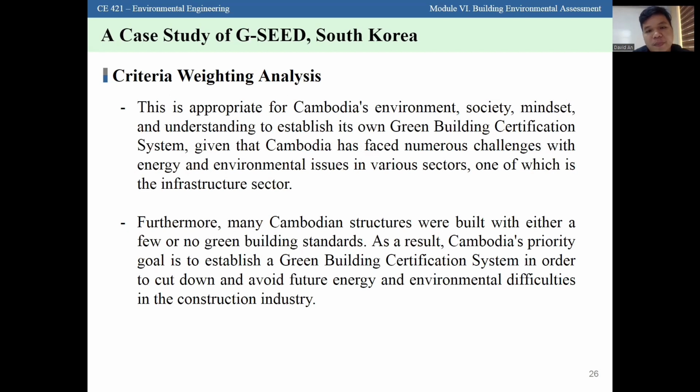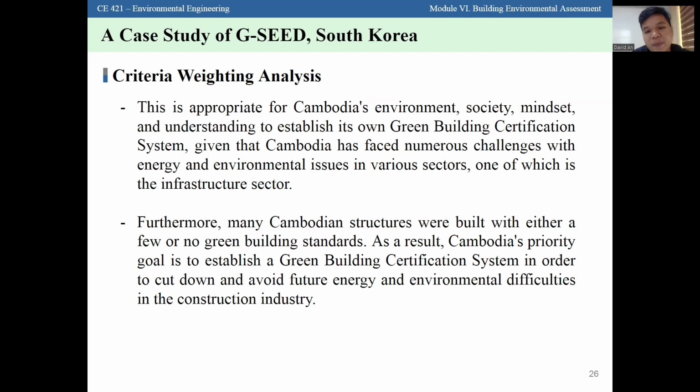So this is appropriate for Cambodia's environment, as society's mindset and understanding lead to establishing its own green building certification system, given that Cambodia has faced numerous challenges with energy and environmental issues in various sectors, one of which is the infrastructure sector.